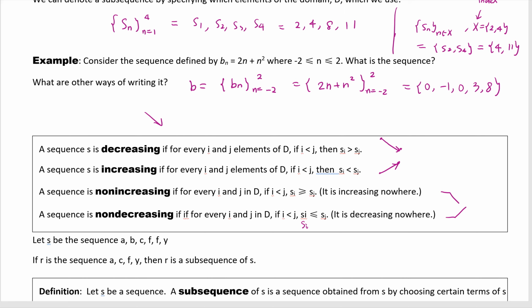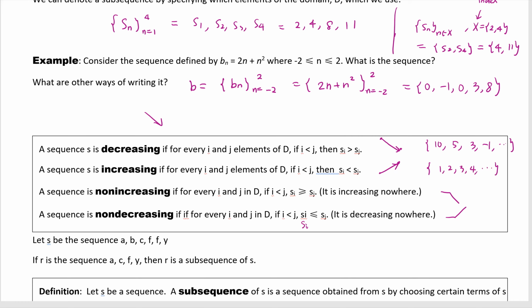Let me give you an example. A decreasing sequence could be 10, 5, 3, -1, etc. An increasing sequence: 1, 2, 3, 4, 5.